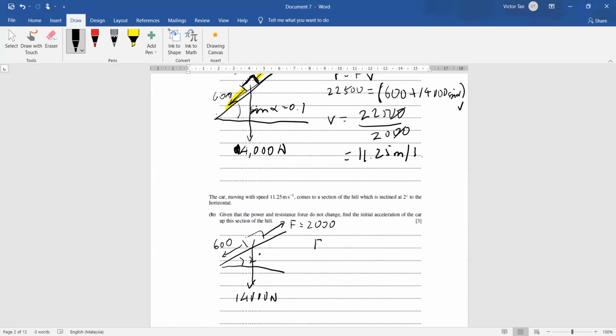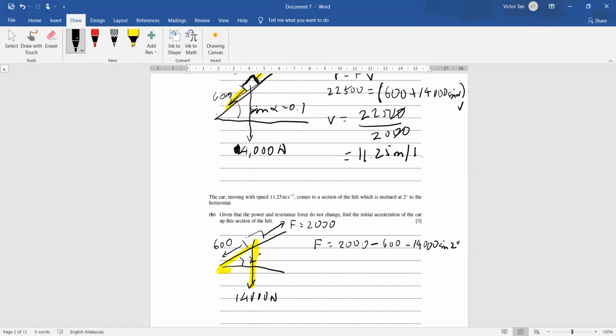The resultant force is your thrust, which is 2,000 minus 600 minus 14,000 sine 2 degrees. It is this weight down the plane.